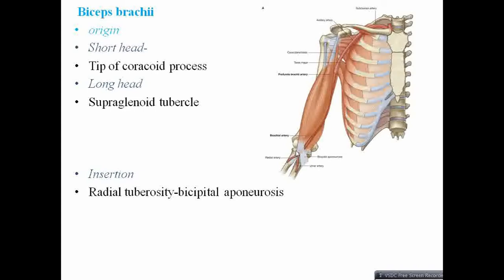Then it is inserted to the radius, the radial tuberosity, and it has another attachment called bicipital aponeurosis, which is attached to the deep fascia of the forearm. So the muscle is inserted to the radial tuberosity and also to the deep fascia of the forearm through the bicipital aponeurosis.